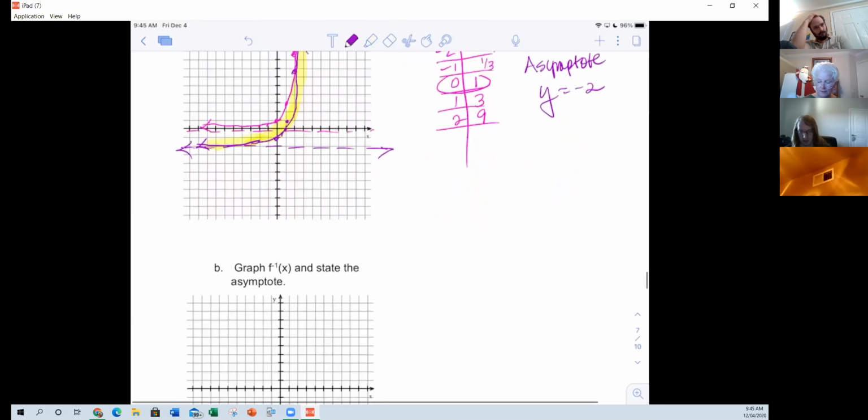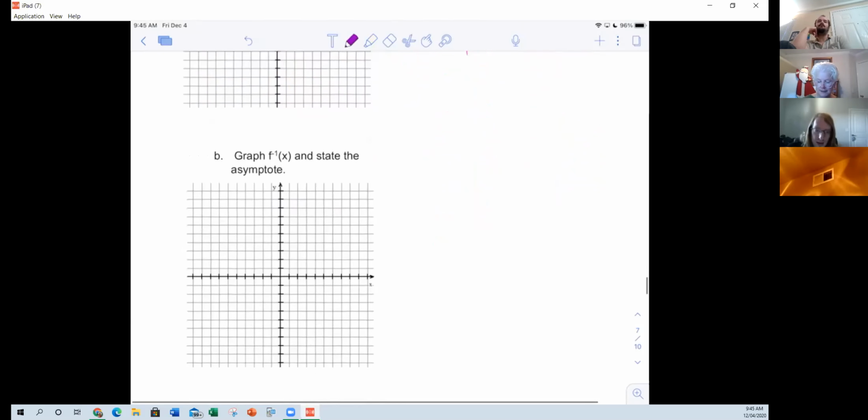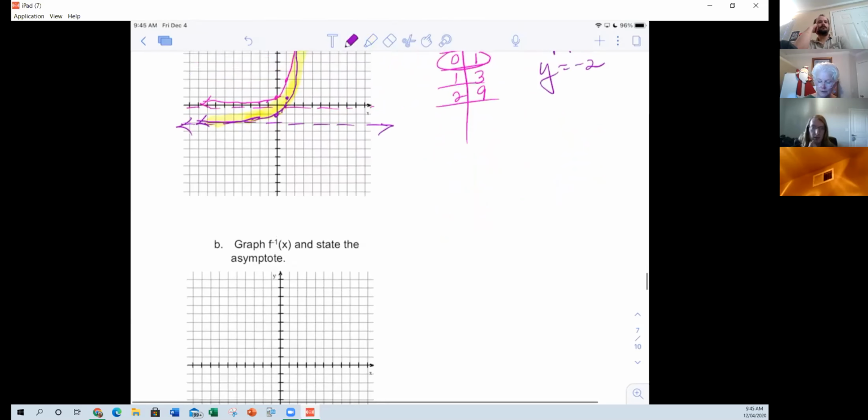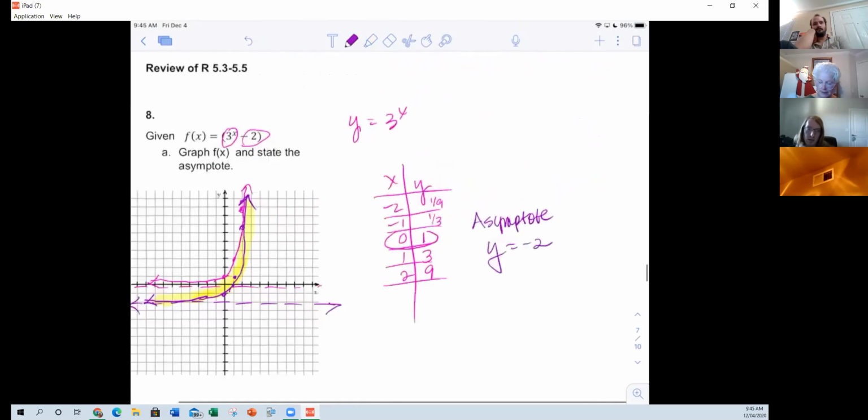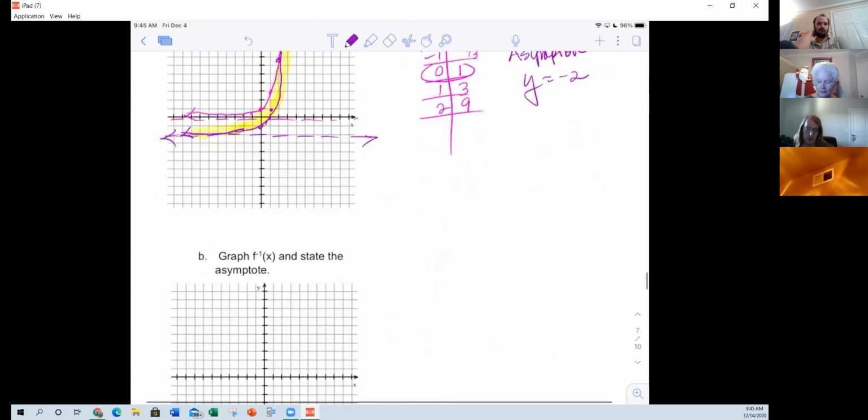Then I asked you to graph the inverse of f of x and state the asymptote. So I know the asymptote is going to be x equals -2.